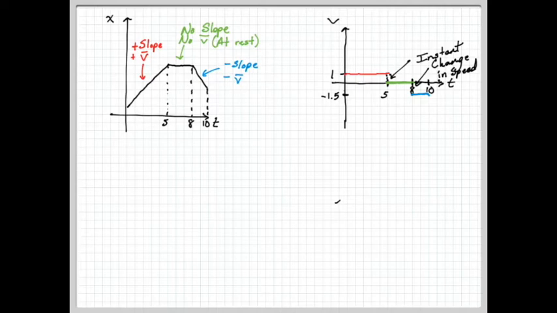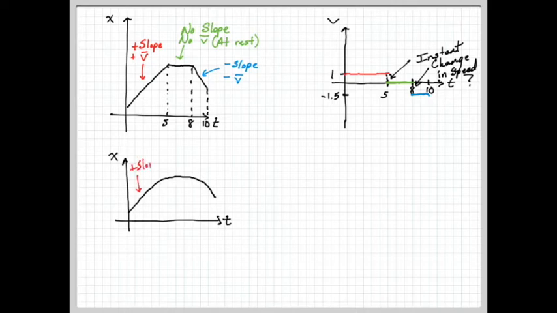So here's what I mean. If we look at the position time graph again, a slightly more realistic version of what that graph should look like will have curves. We still see that we have generally positive slope on the left, no slope at the top, and generally negative slope on the right side.